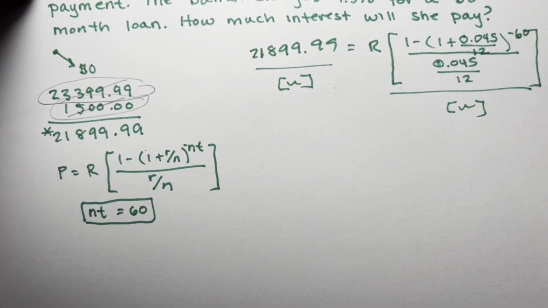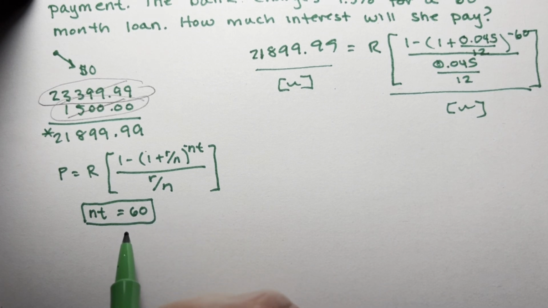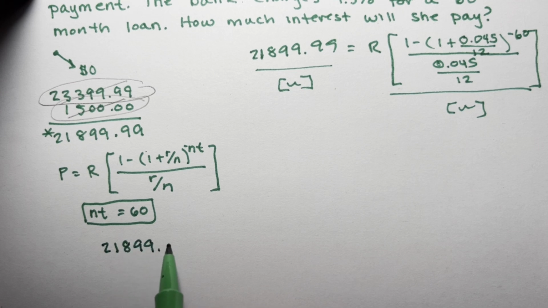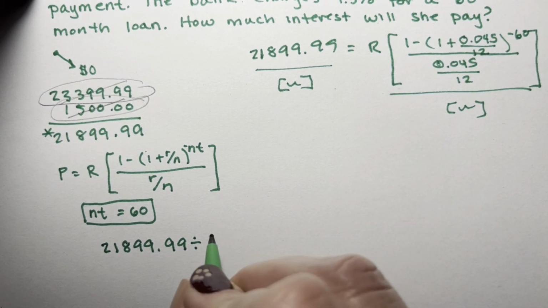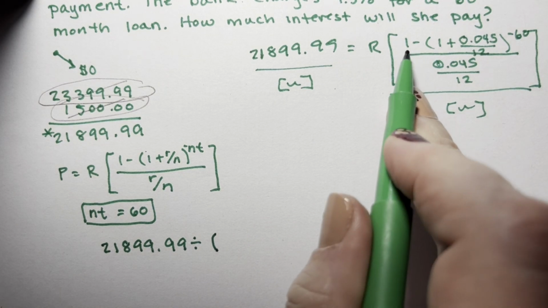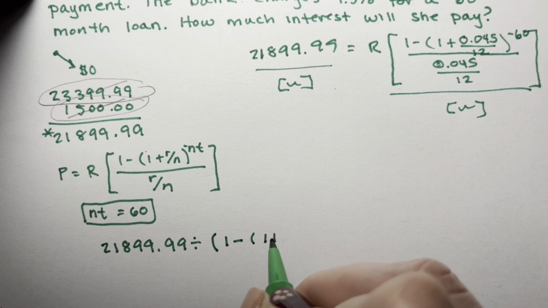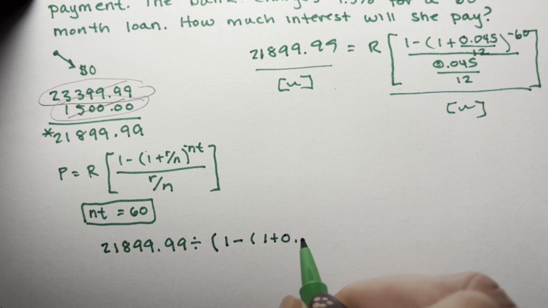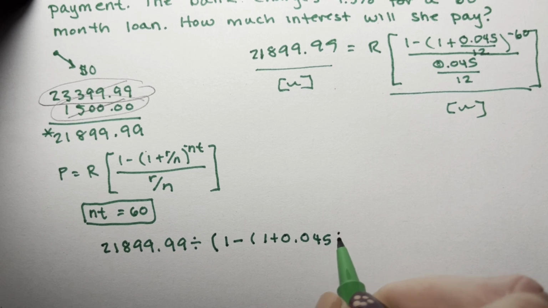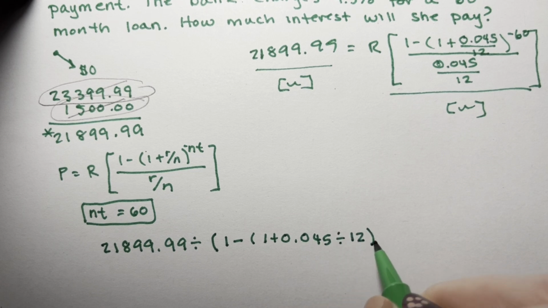Okay, what I need to do is take $21,899.99, and I need to divide it by, if you've seen other calculator ones, I noted that you need a parenthesis for the numerator, and then 1 minus parenthesis 1 plus 0.045 divide 12 close parenthesis caret.